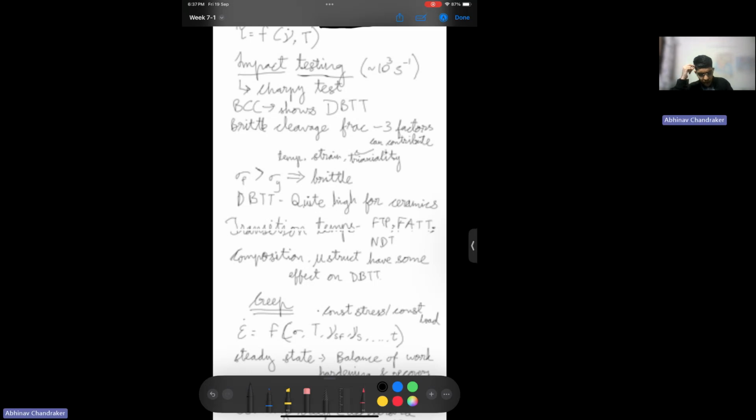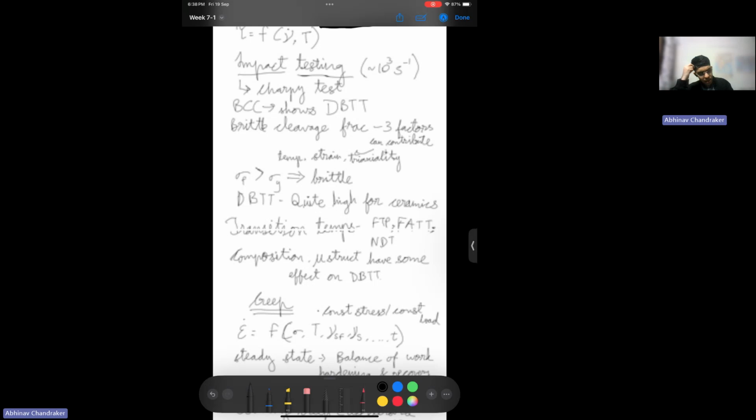So whether it will be brittle or ductile will depend majorly on three factors: temperature, strain rate, and the stress state, whether it is triaxial or plane stress.